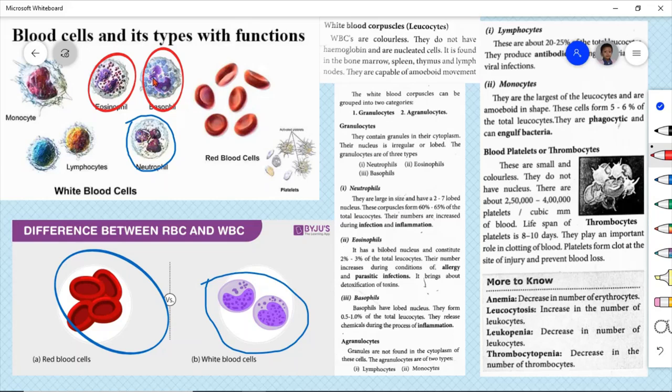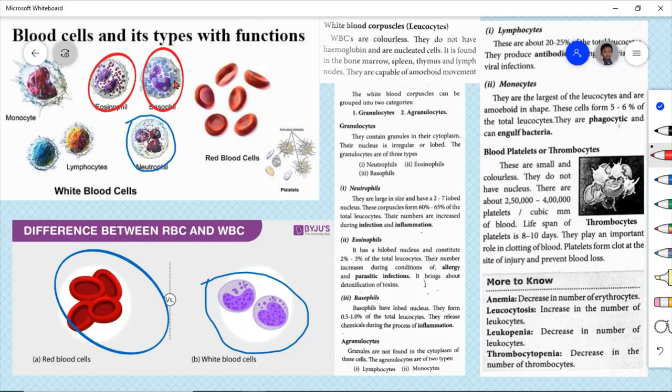During inflammation, basophils release chemicals. Understood? So these are the 3 granulocytes. The first one is neutrophil, second one is eosinophil, third one is basophil.